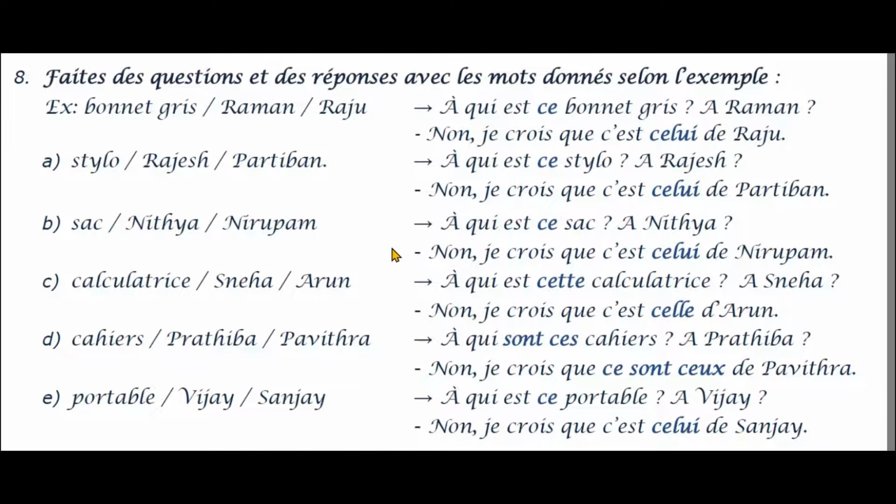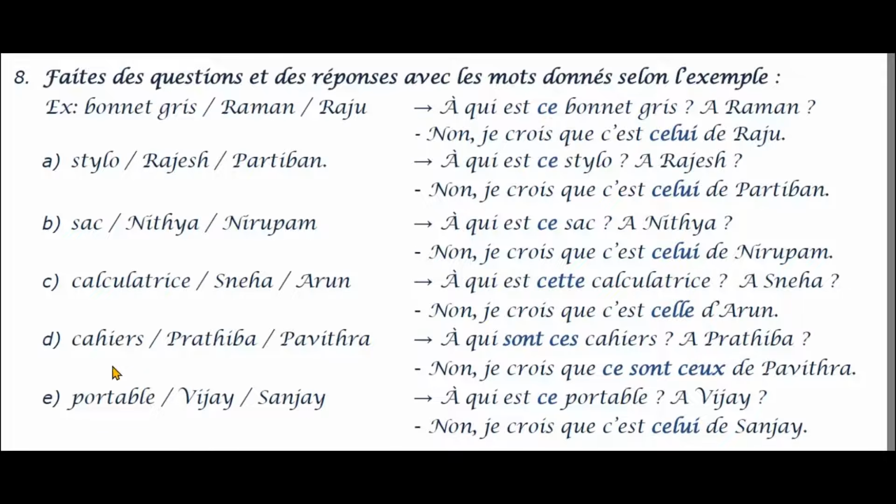Then again, you're going to replace Raman with Sneha, and replace Raju with Arun here. And also don't forget that celui is used for masculine singular. In this case, calculator is feminine, therefore celui becomes celle, right? So whose calculator is this? Neha's? No, I think it's Arun's, right?